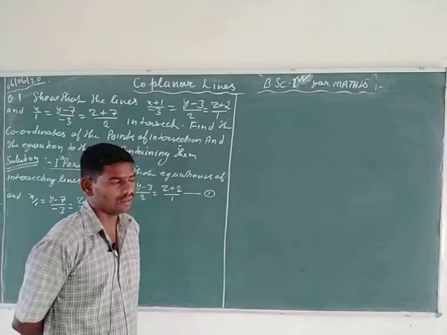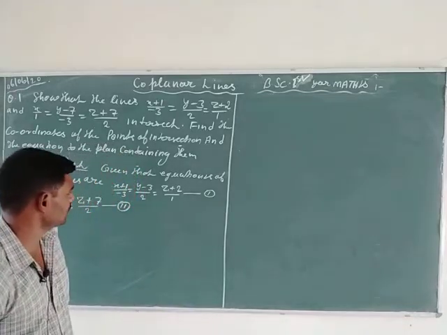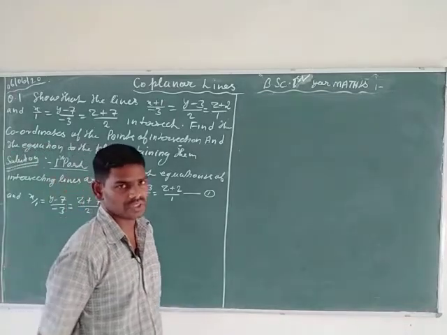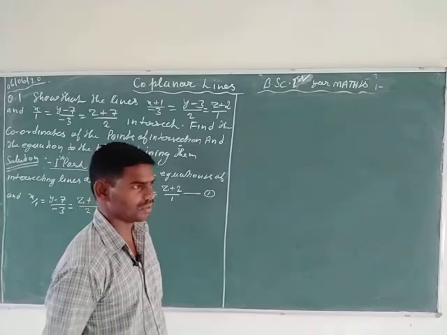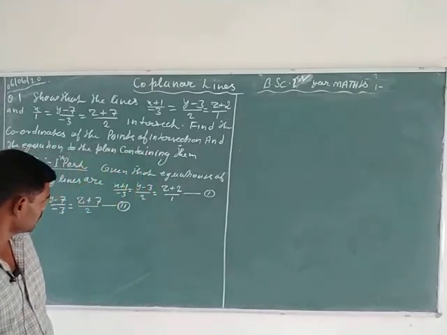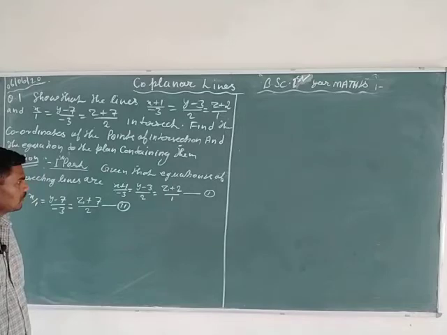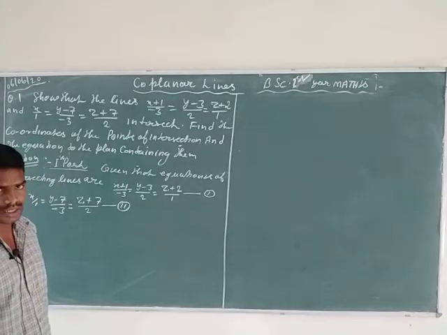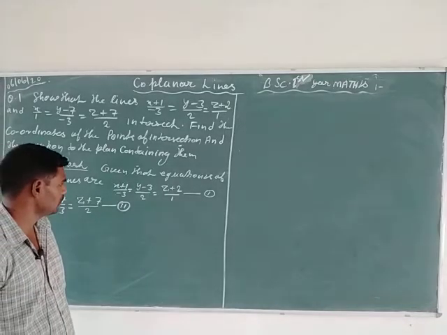It is not possible for two straight lines to intersect at more than one point. Suppose that these two given lines intersect at a point.